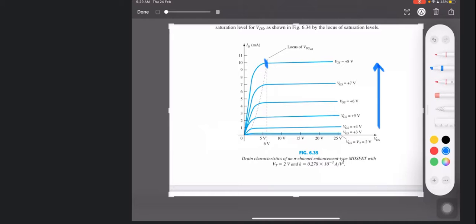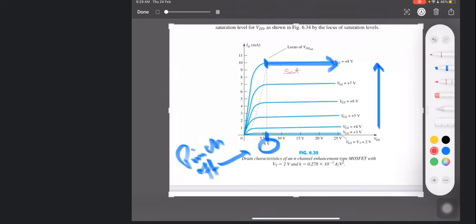But at this point, if we are going beyond pinch off, this is going to move into saturation. And this is linear. So this region we know it is linear because it is increasing.